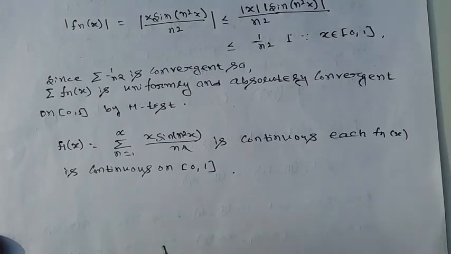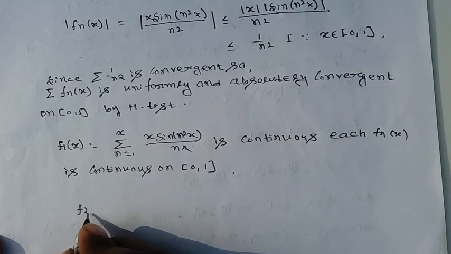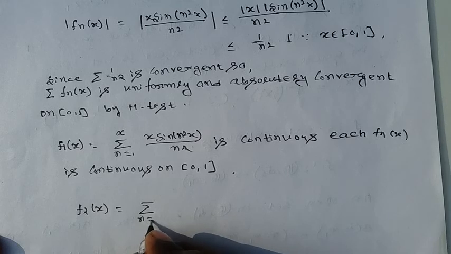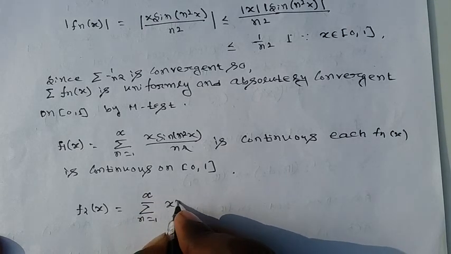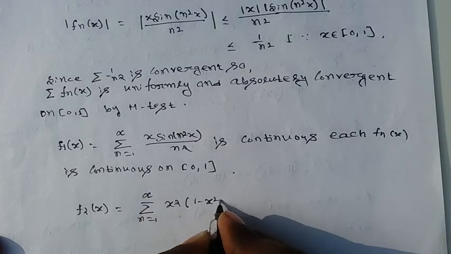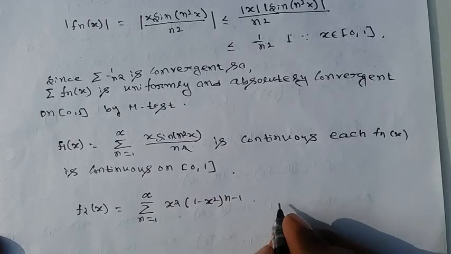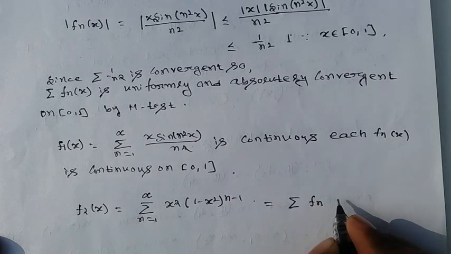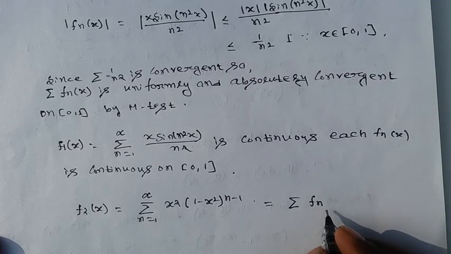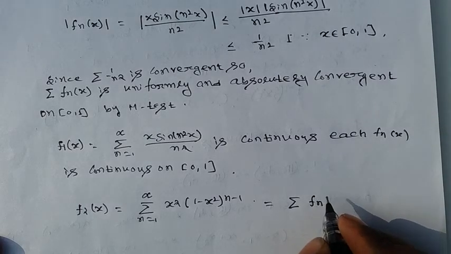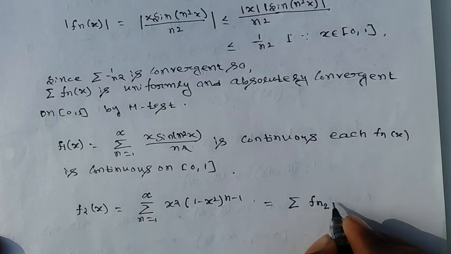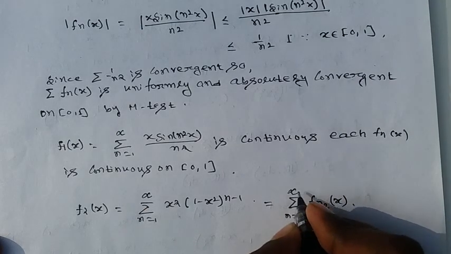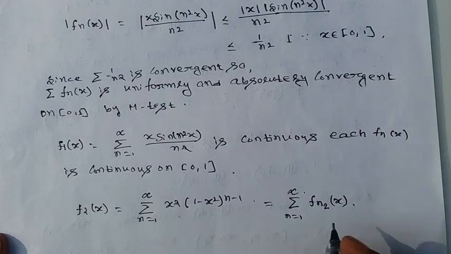Now we check the second case. The second case tells f2(x) equal to the summation n=1 to infinity of x squared (1 minus x squared) to the power n minus 1, and we denote the terms as fn2(x).